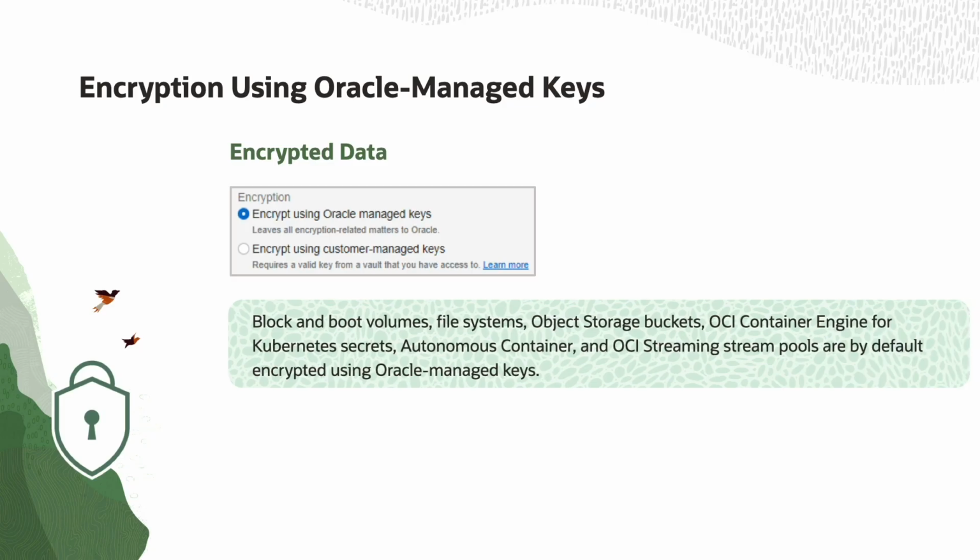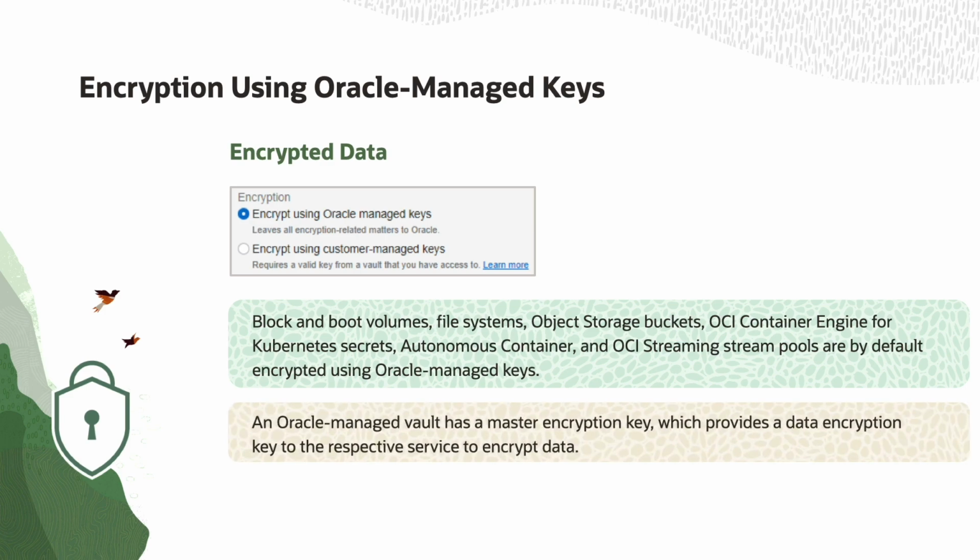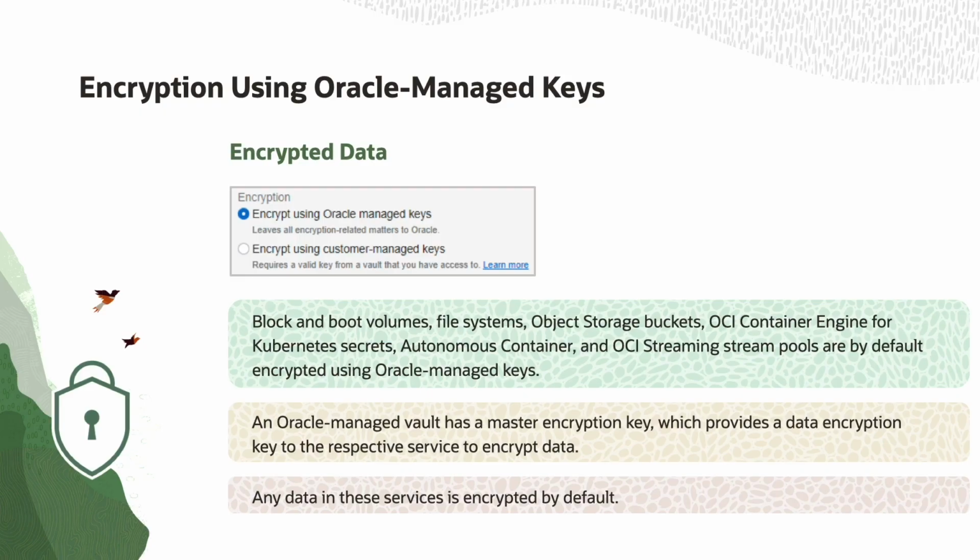These would be things such as block and boot volumes, file systems, object storage, the container engine for Kubernetes secrets, autonomous container databases, OCI streaming pools, and much more. An Oracle Managed Vault has a master encryption key which provides a data encryption key to the respective service to encrypt the data. Thus, any data in the service is encrypted by default.